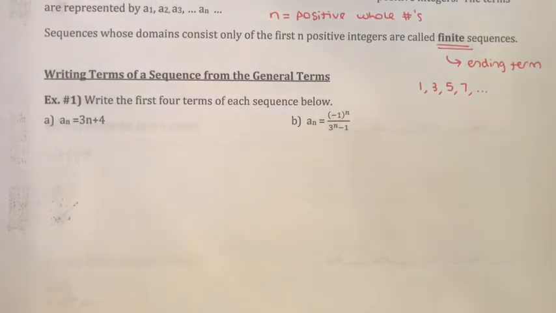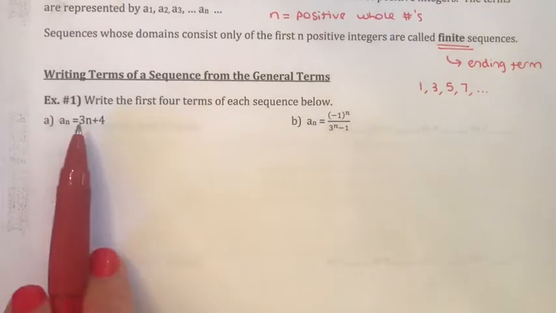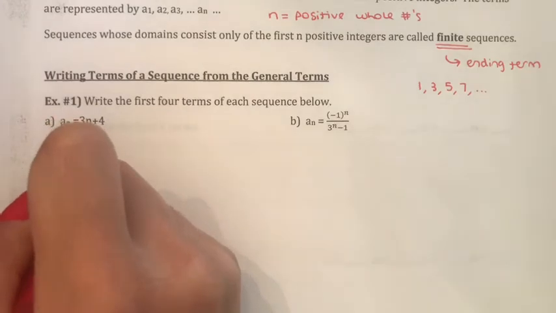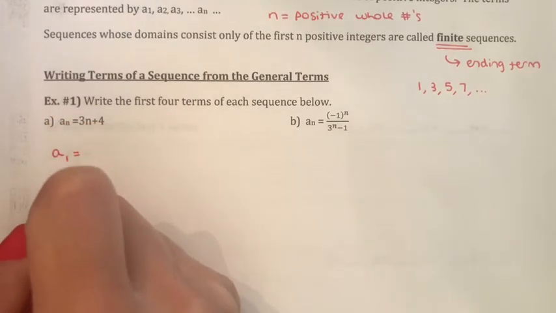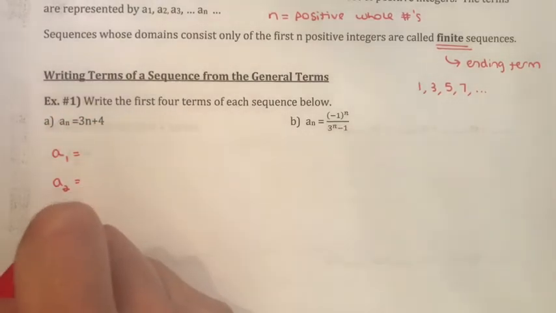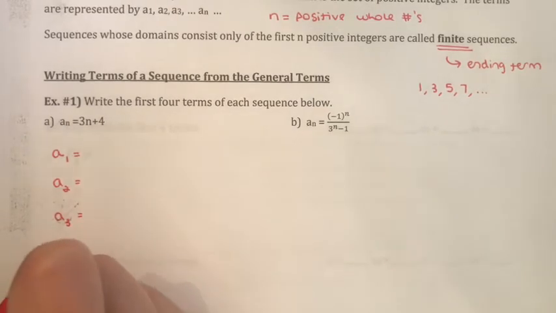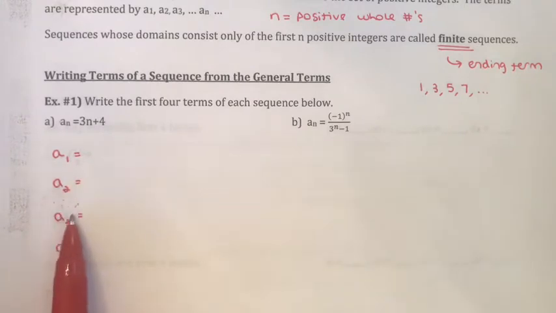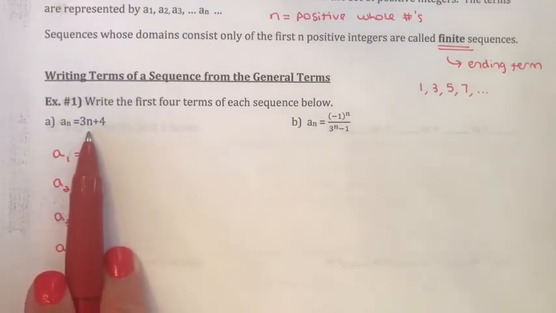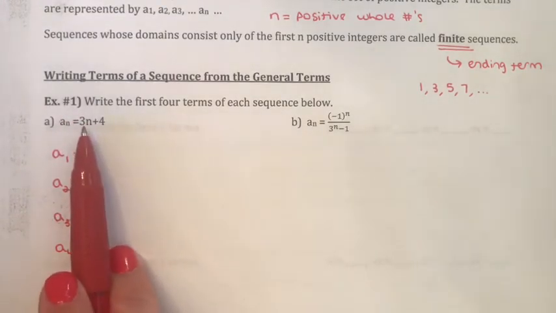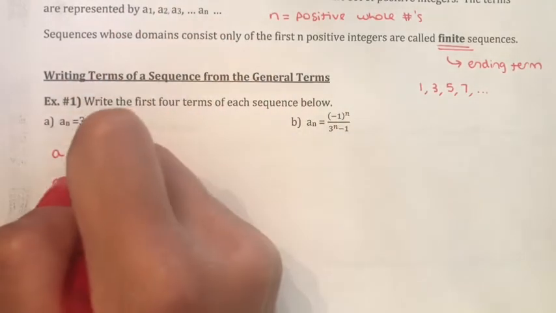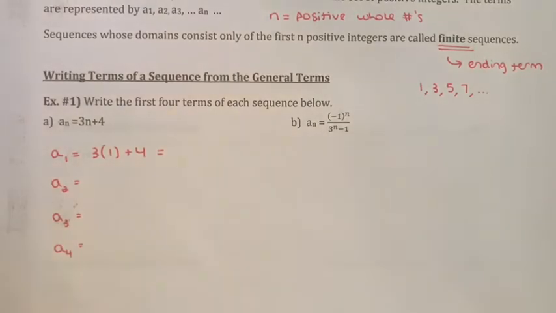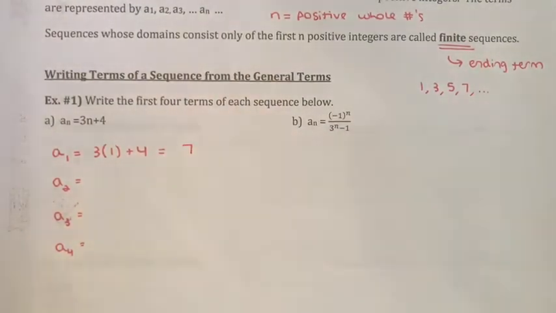All right, so finding terms in a sequence. If I want to find the first 4 terms of each sequence, that means I want A1, A2, A3, and A4. So what I do with the 1, the 2, the 3, and the 4 is I plug them in for n. So if my sequence says 3n plus 4, I'm going to do 3 times 1 plus 4. That gives me 7.